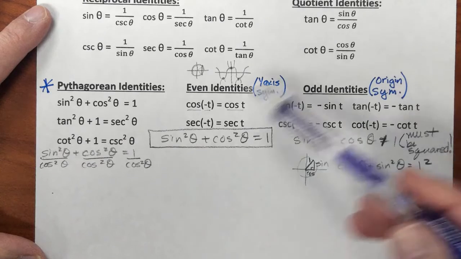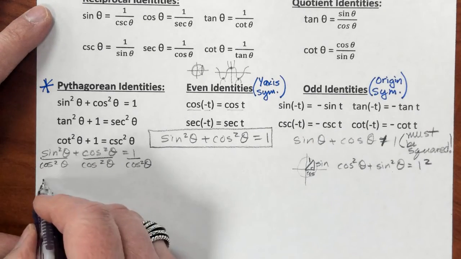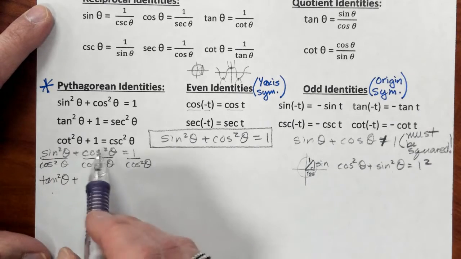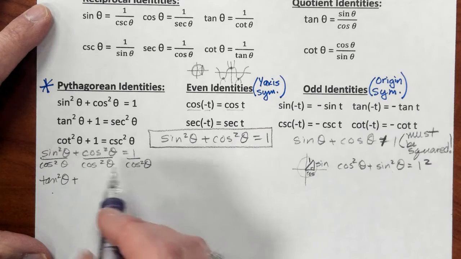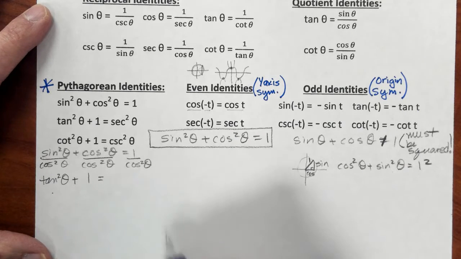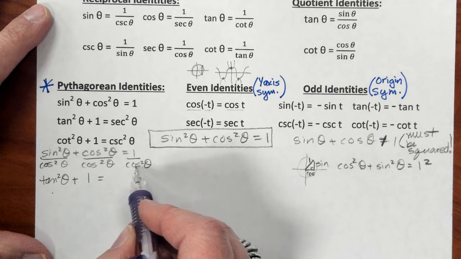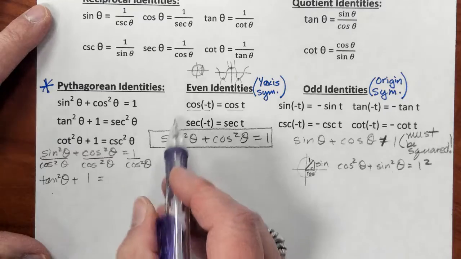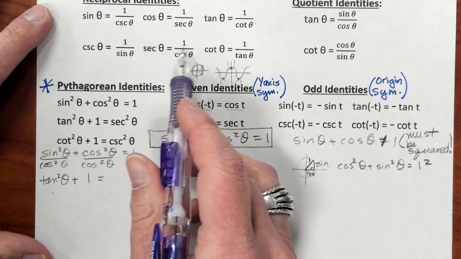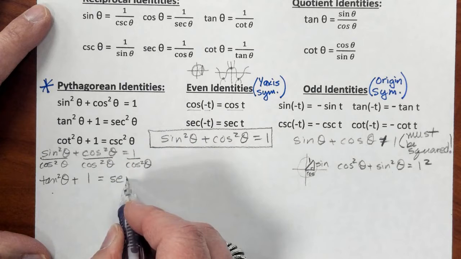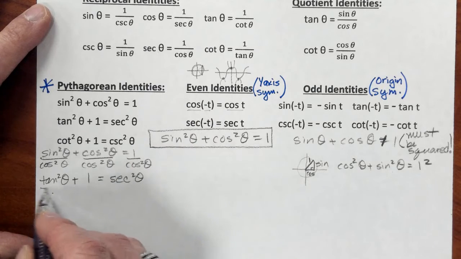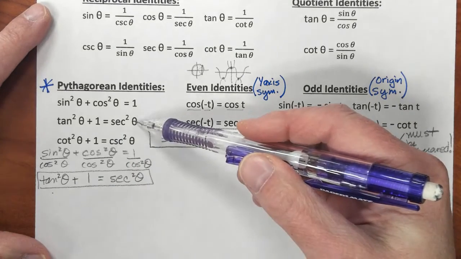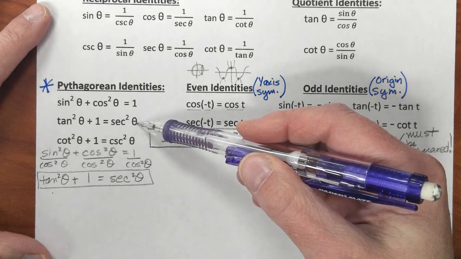And sine squared over cosine squared is tangent squared. Plus cosine squared over cosine squared is 1, anything over itself. 1 over cosine squared. Well, 1 over cosine is secant. 1 over cosine squared is secant squared. Well, look at there. Look at what you just derived. You just derived the second Pythagorean identity.